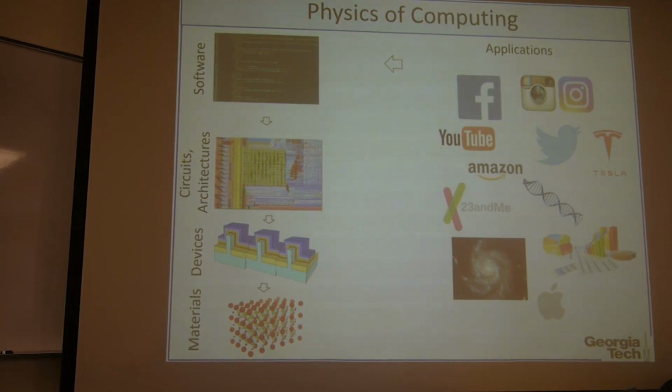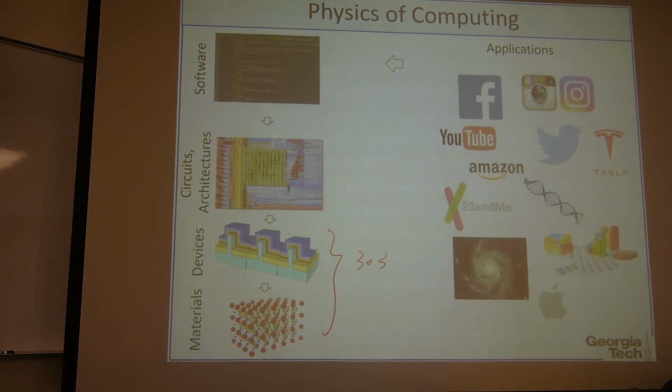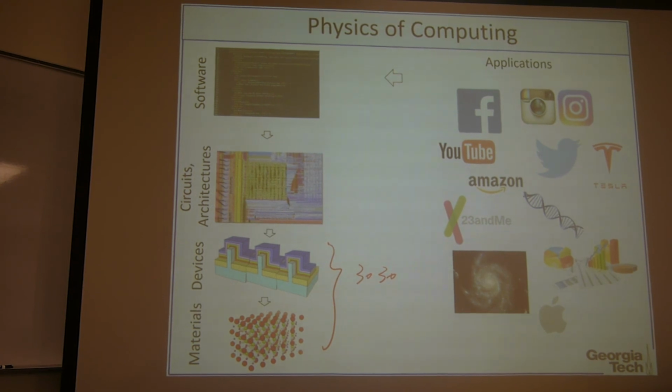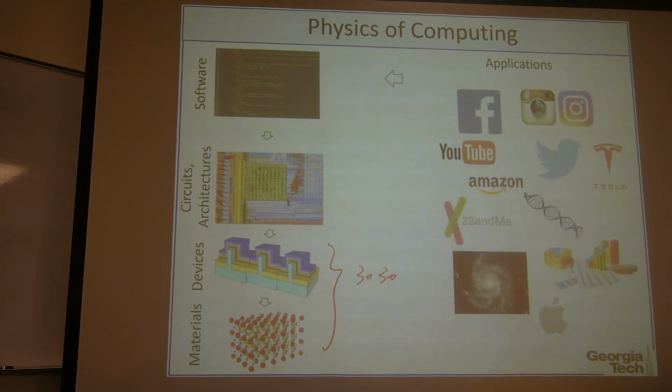But in this course, we are going to discuss mostly the bottom part of this stack, which deals with the materials and devices, and maybe a little bit of circuits. So any questions here?